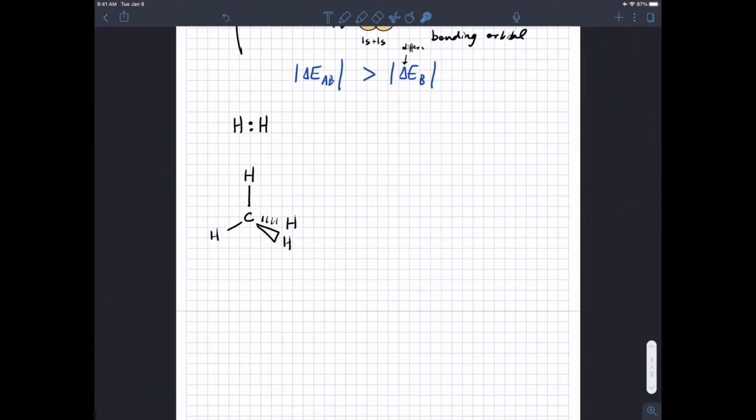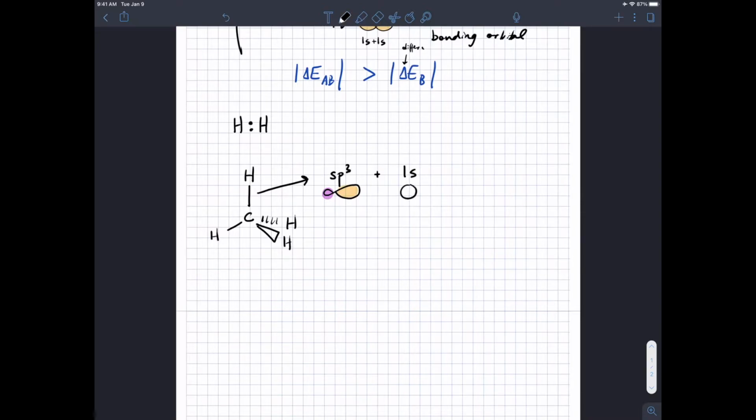Now, the valence bond theory picture of methane would tell us that the bond comes from overlap of an sp3 orbital on carbon with a 1s orbital on hydrogen. Of course, an sp3 orbital looks like this, a large lobe on one side and a smaller lobe on the other side, with a node at the carbon nucleus.